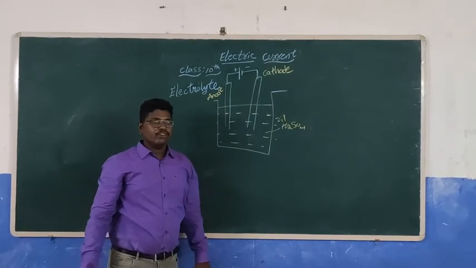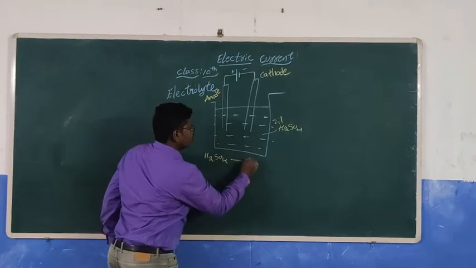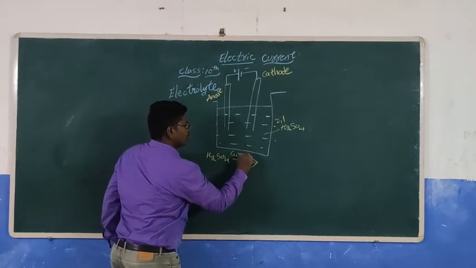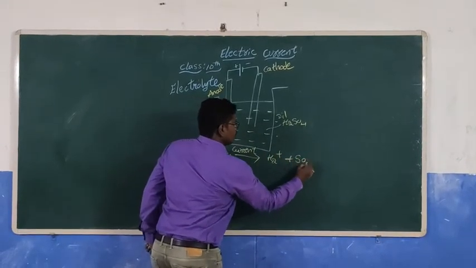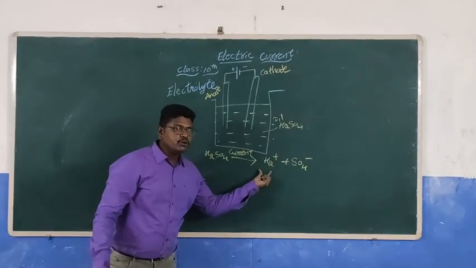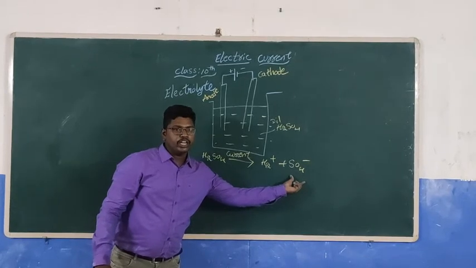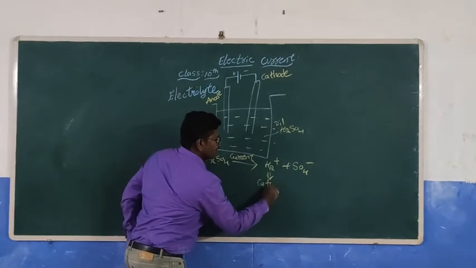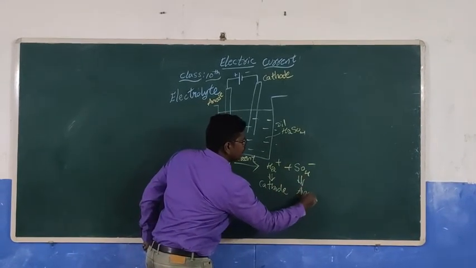Here you should understand one thing. Whenever current is passed into this electrolyte, it will be decomposed into hydrogen and sulfate. These hydrogen ions are positive ions, sulfate ions are negative ions. Now these positive ions move towards the cathode and these negative ions move towards the anode.